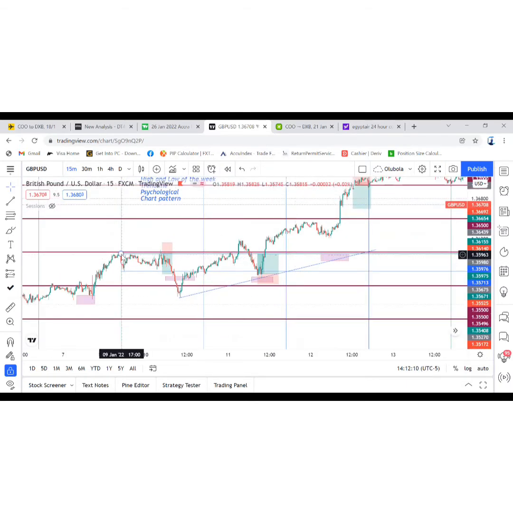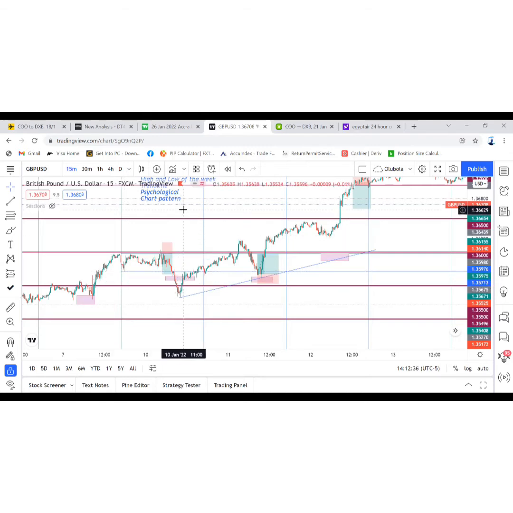So the line we had on 4 hours, this is the first one, this is the peak, and this is the lowest. So this is the low of the week, and this is the high of the week. I talked about psychological level. I'm going to explain this in the next video, the next meeting probably. So now on Monday, this is the high and this is the low of the week.